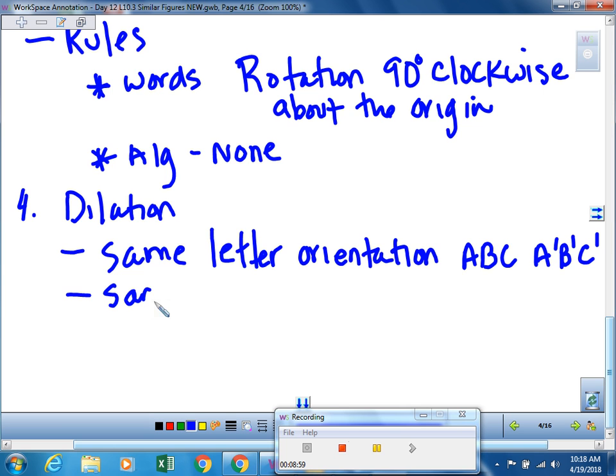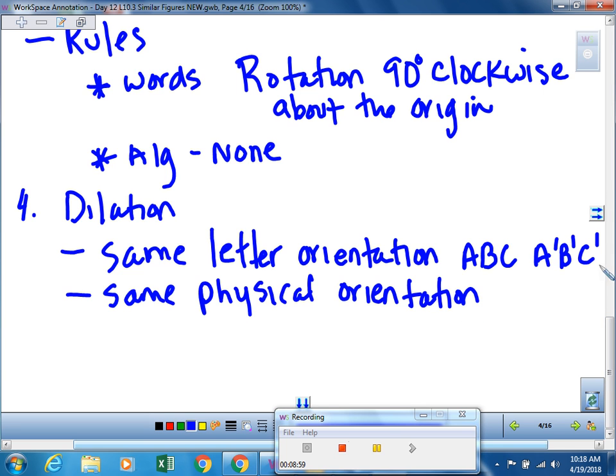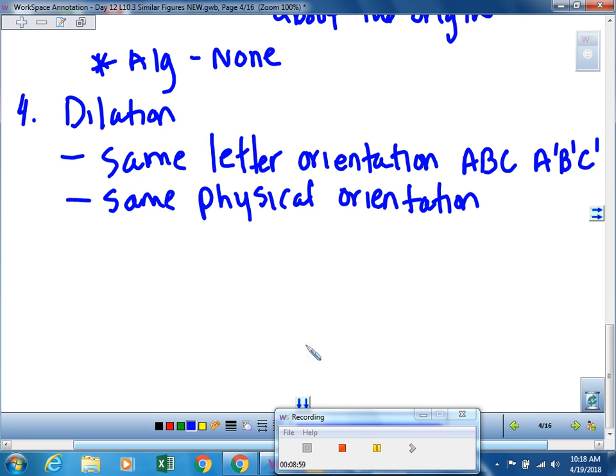Same physical orientation. The only thing that's different is what? Size.